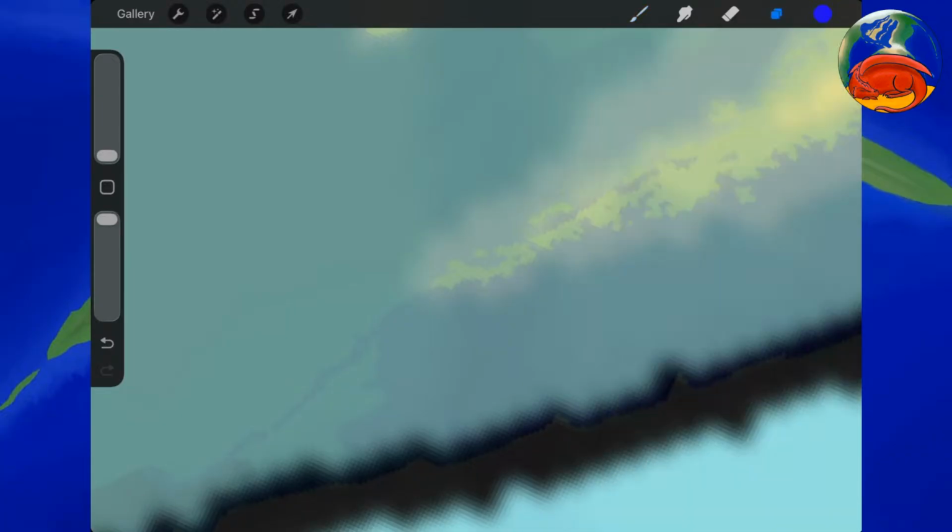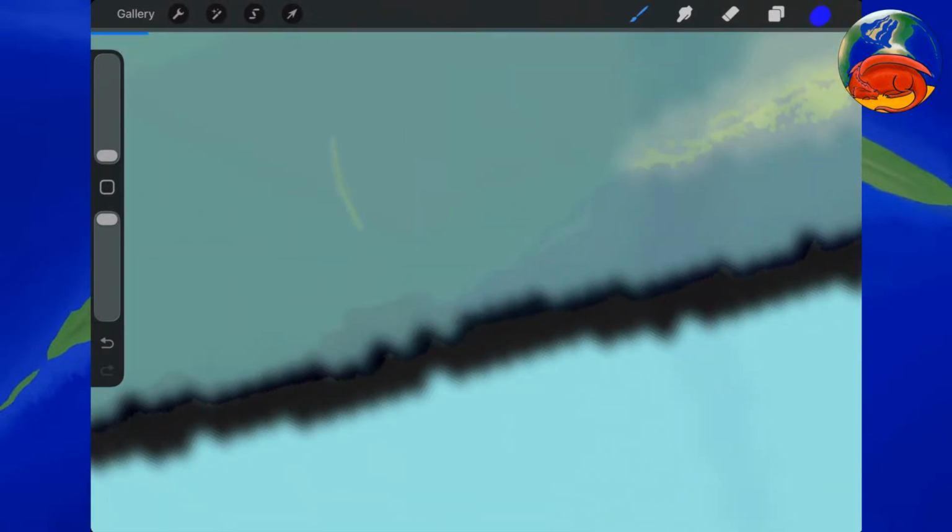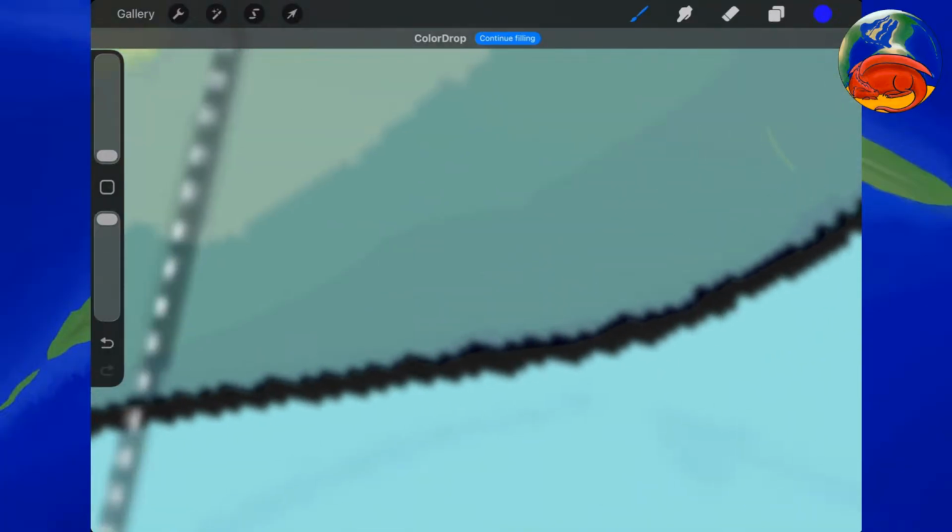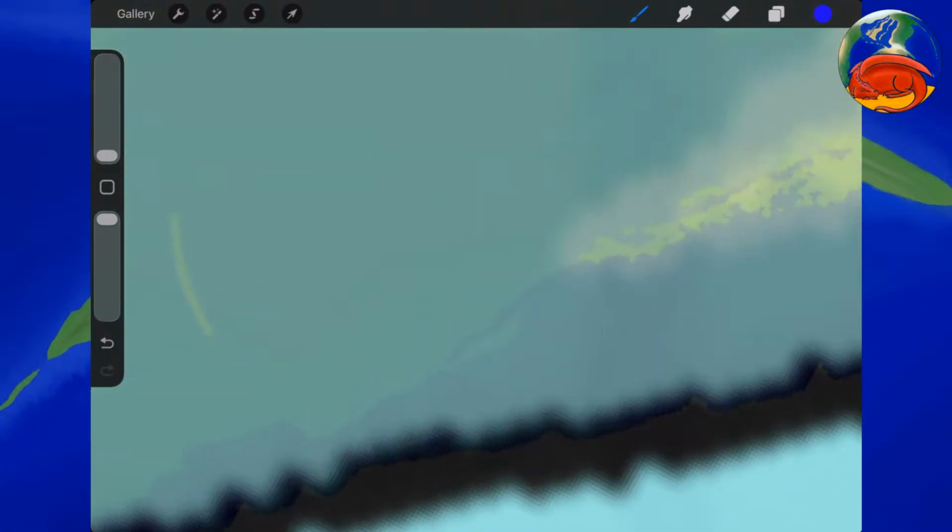What layer are we on? AF, great. That should be AF too. Oh, may have been that darker color.